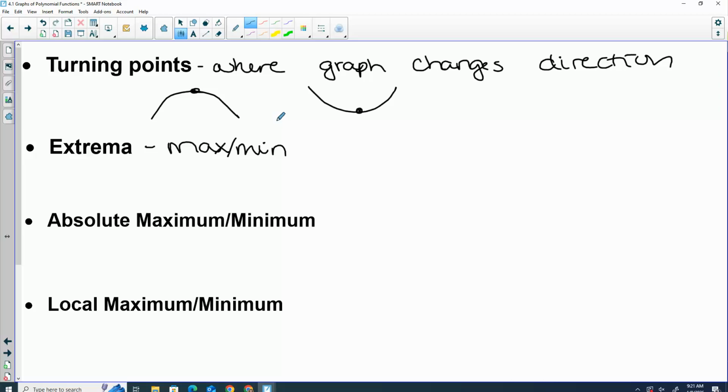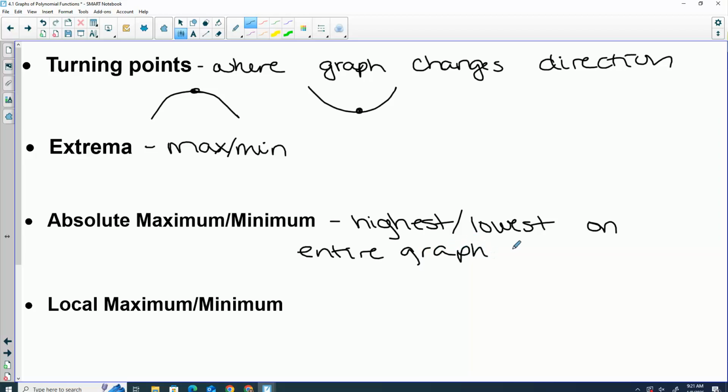There's two different kinds of maxes and mins. The first one is absolute, which is the highest or lowest on the entire graph. These can be endpoints. And a local max or min is just higher or lower than surrounding points, not necessarily on the entire graph.